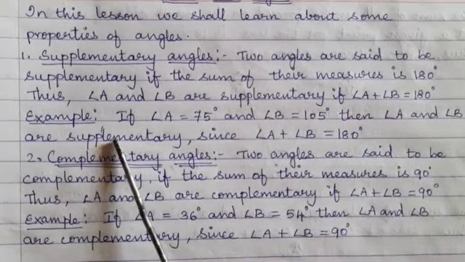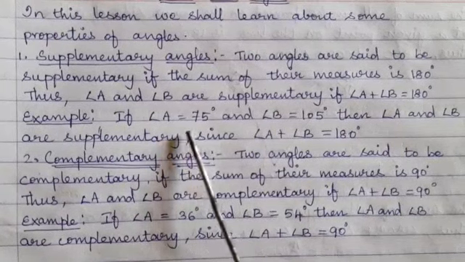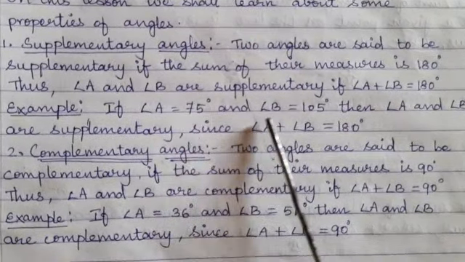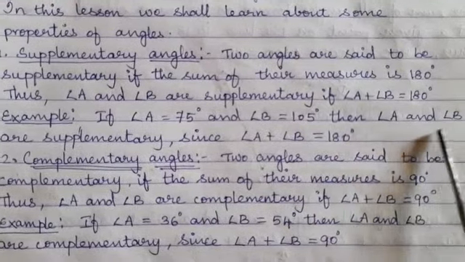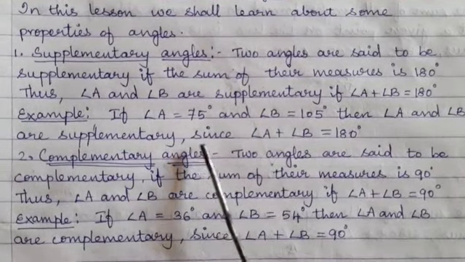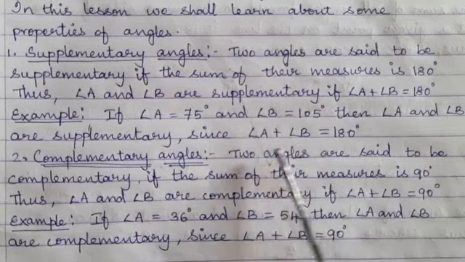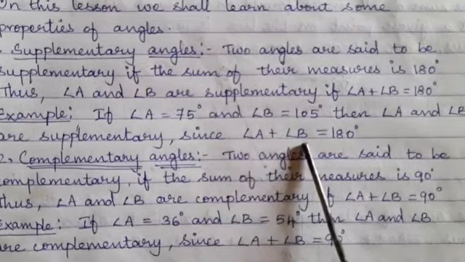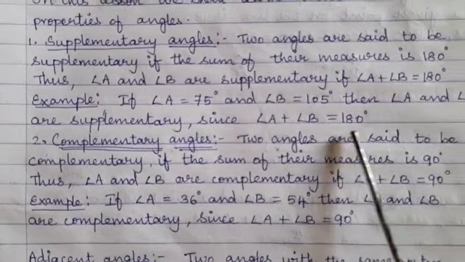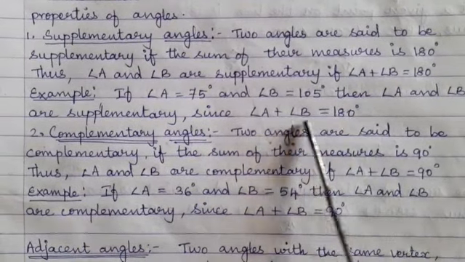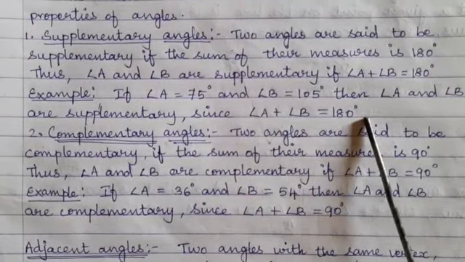For example, if angle A equals 75 degrees and angle B equals 105 degrees, then angle A and angle B are supplementary, since angle A plus angle B equals 75 plus 105, which is 180 degrees. So these two angles are known as supplementary angles.